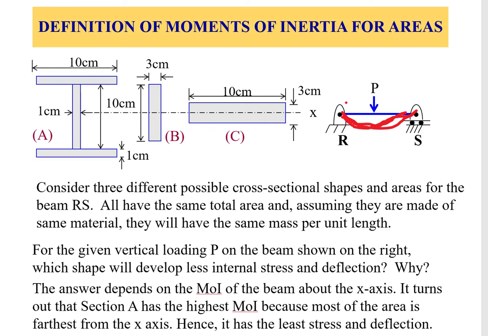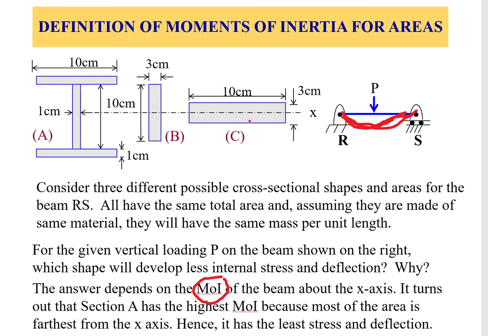Like this, right? Now the question is, which one of these structures will resist this deflection, or have the least deflection? From the calculation that we will later learn, the structure that has the highest moment of inertia has the least deflection, and will also have the least stresses along the x-axis, right?